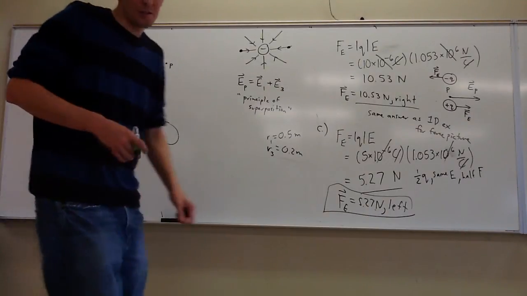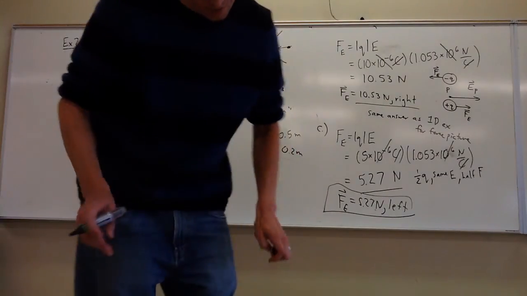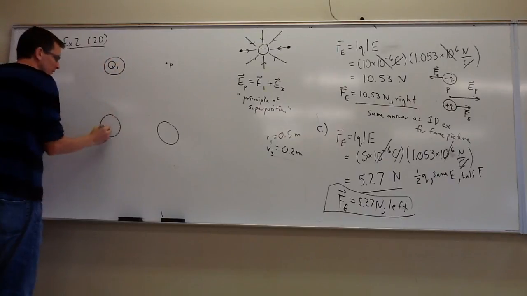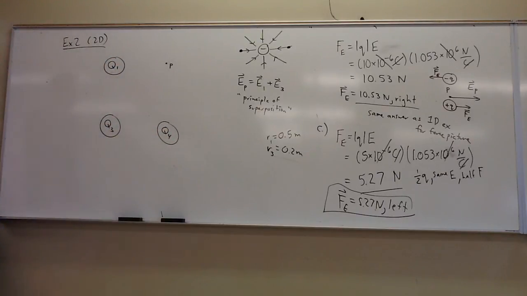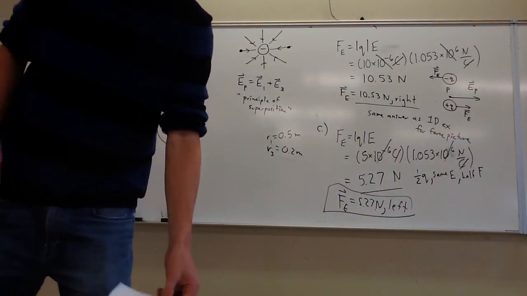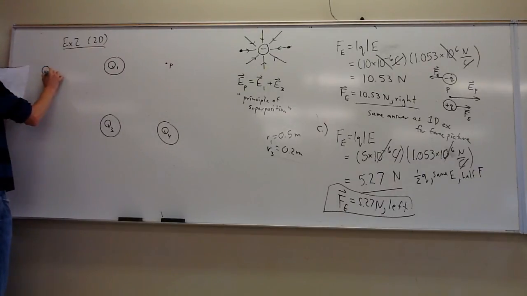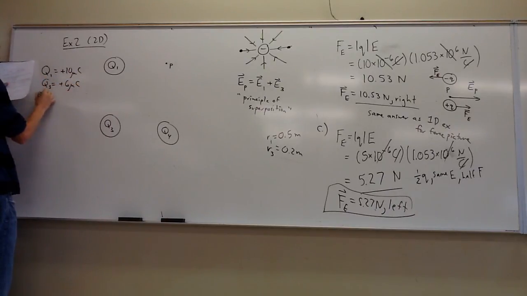Our labeling scheme was, let me make sure I number them the same: Q1, Q3, and Q4. I guess I'll give you the amounts of charge just in case you don't have them handy. Plus 10 microcoulombs, plus 6, and minus 3.